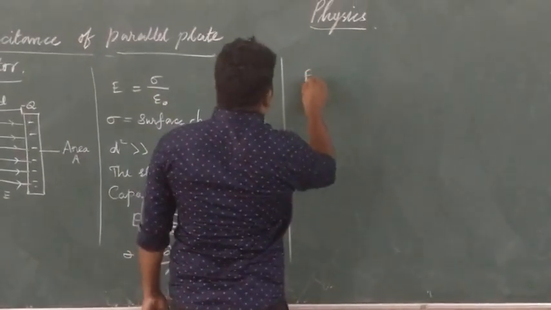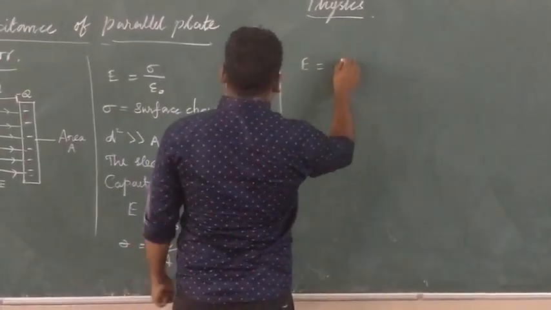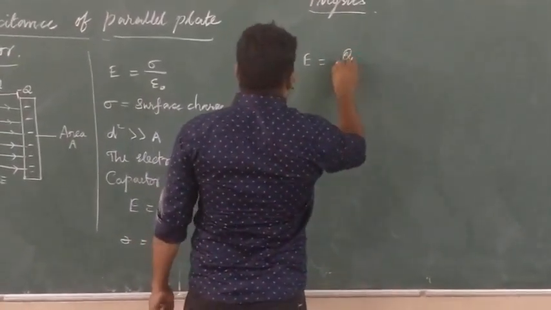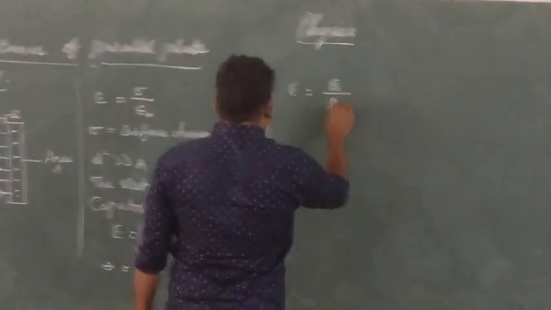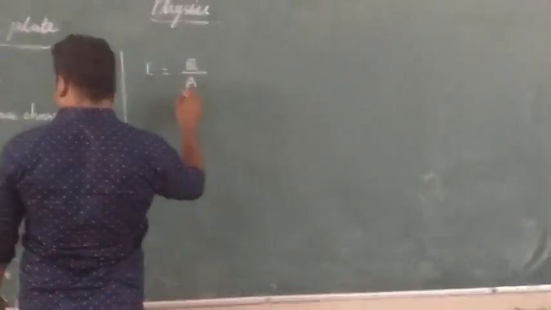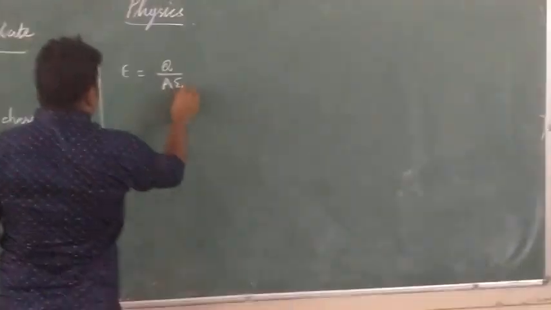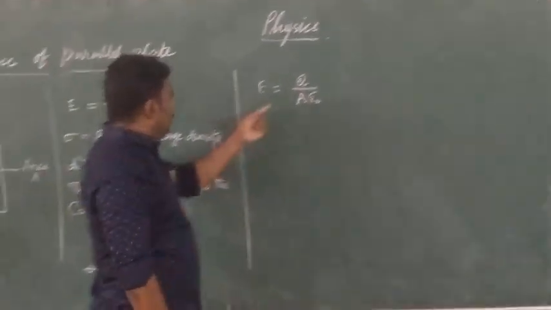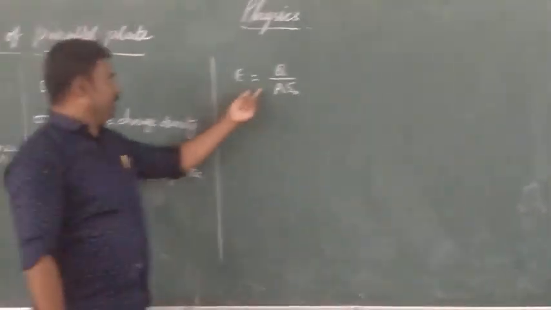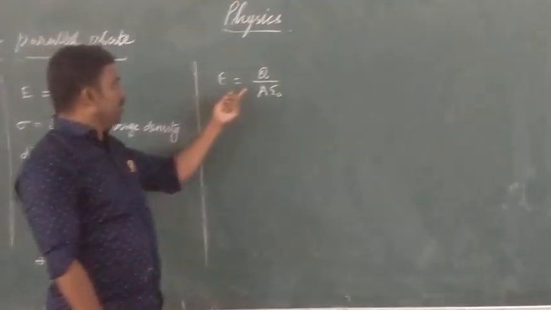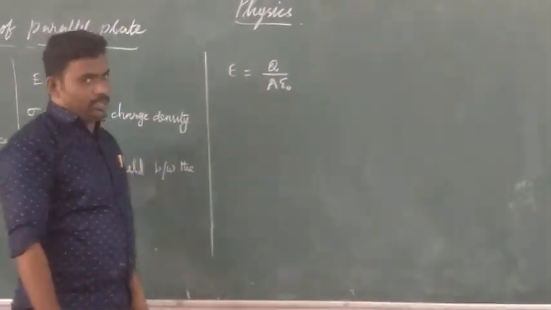Now E equal to sigma, which is Q by A, into epsilon naught. So this is the electric field present between the two plates of the capacitor, that is Q divided by A epsilon naught.